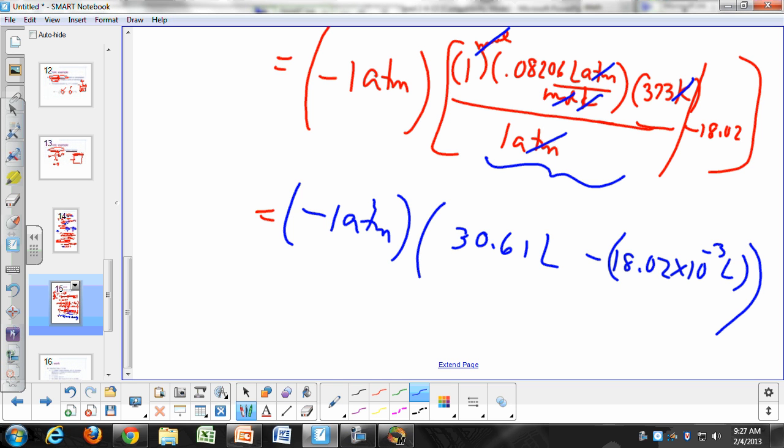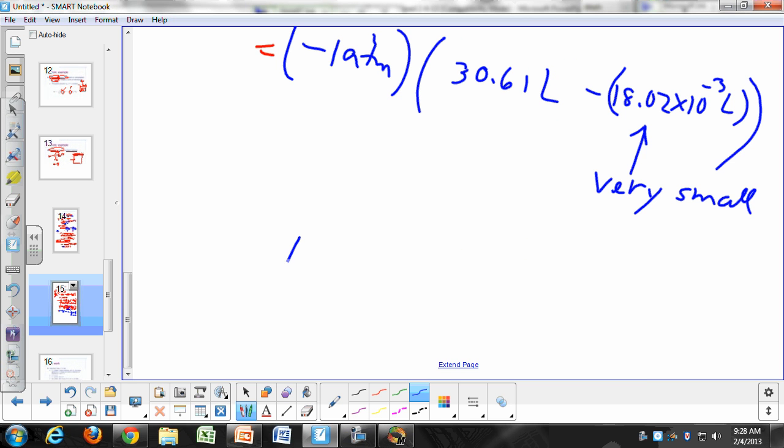You'll notice that the volume of the liquid is very small compared to the volume of the gas. In fact, in most cases, we can just safely ignore the volume of the liquid when we're looking at processes where there's a change in the number of moles of gas. The delta V is just going to be the change in the volume of the gas. So this is a very good approximation that you should remember.